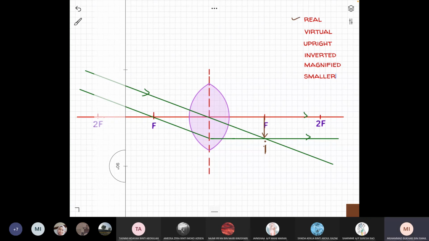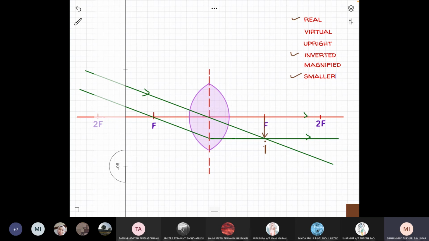And then you can see the direction of the arrow is downward. This means that the image is inverted. And you can see the size of the image is smaller compared to the actual object. The object is the sun, which is very big, but the image is small, so it is smaller.